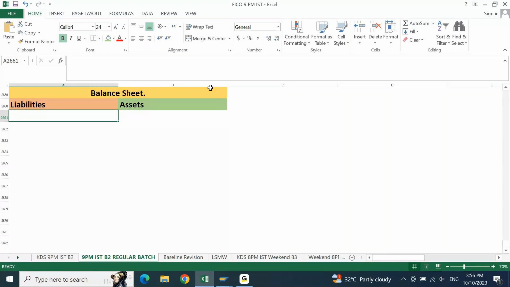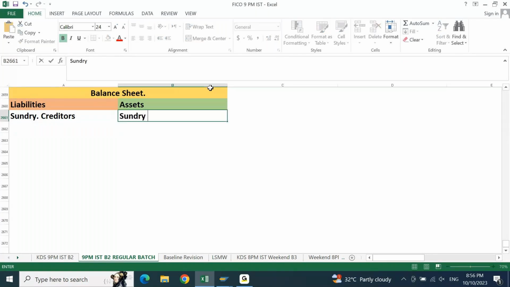Inside the liabilities, normally whenever we prepare manual accounting, we have seen something called sundry creditors. In the liability side, we have seen sundry creditors. On the asset side, we have seen sundry debtors. This is what normally we have seen in the balance sheet: sundry debtors, sundry creditor.